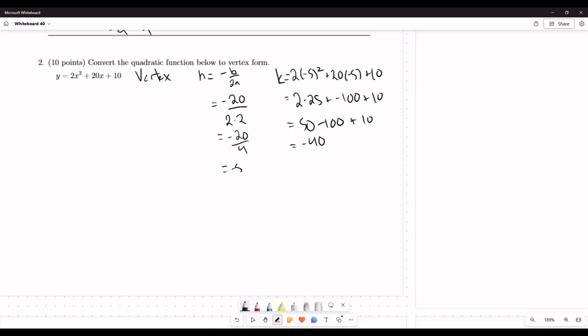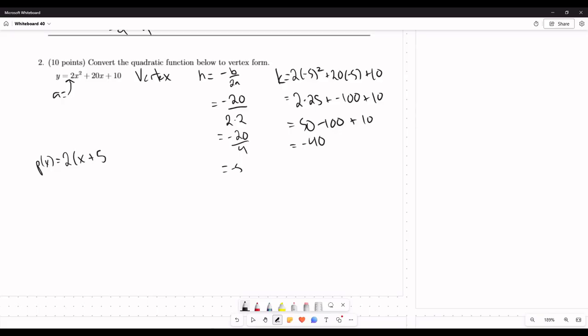So when I put that all together, I found my h, I found my k. What's my a? My a is just this number in front of x. That just stays. So I'm going to go ahead and put those all together. I'm once again going to use vertex form. My a was 2. We have x minus negative 5.